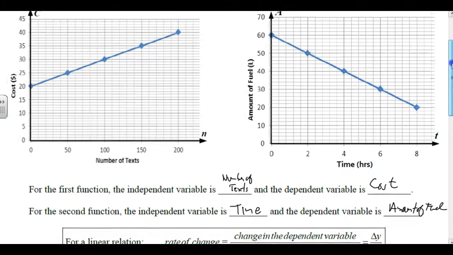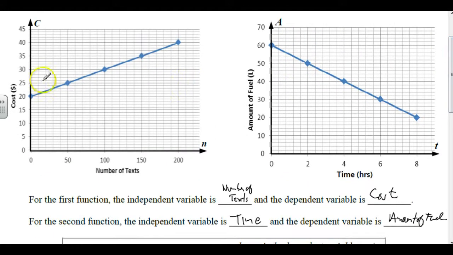So we need a change in cost depending on the number of texts. One way to do that is to say, well, the cost is 40 and the cost here is 35, so that's a delta y.